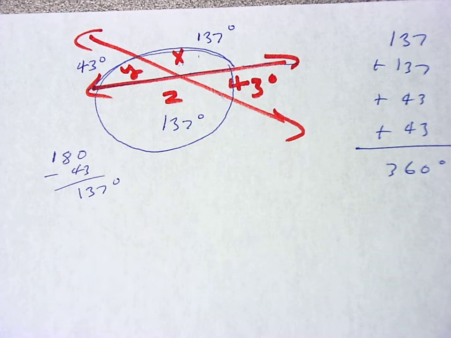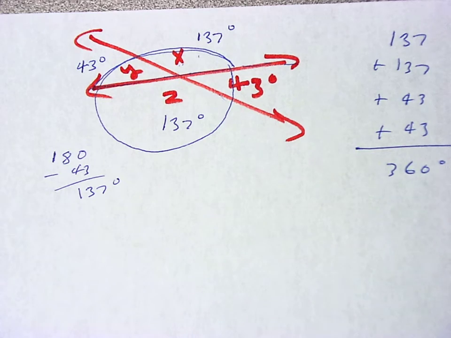Okay, here we go. Ready? 137 plus 137 plus 43 plus 43 is 360 degrees. Linear pairs add up to 180. Vertical angles are congruent. Lots and lots of language, isn't it?